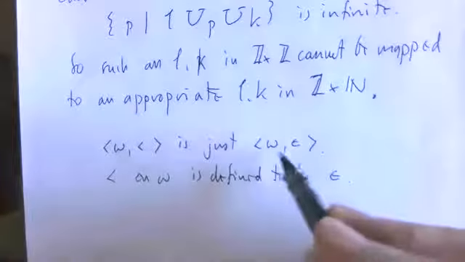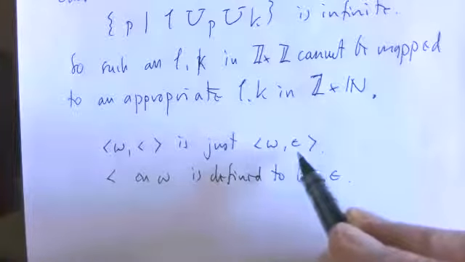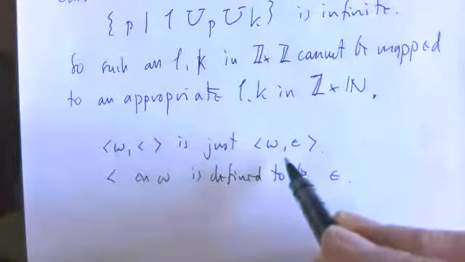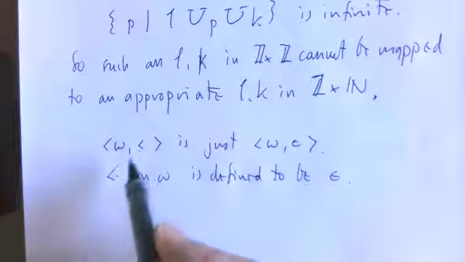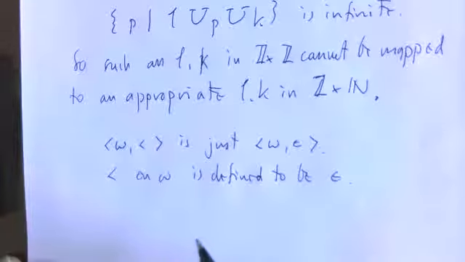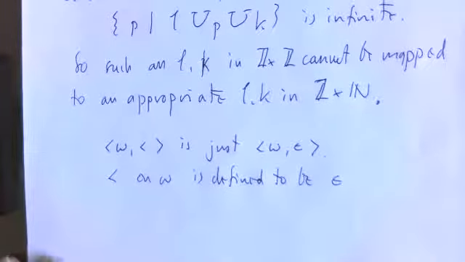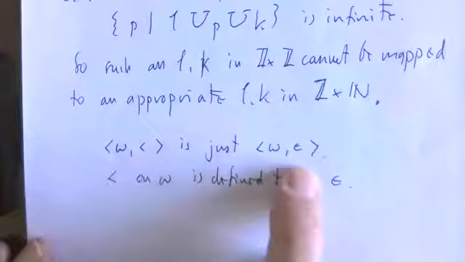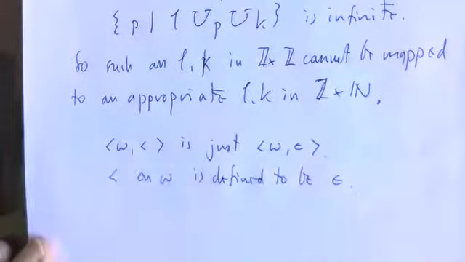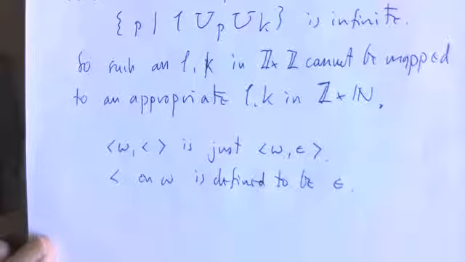The properties of the epsilon on the natural numbers were that it was a strict total order, indeed a well order, and it corresponds to our usual notion of less than, which we do when we're doing number theory, say. But I can think of this less than as just being a set theoretic relation on the natural numbers.